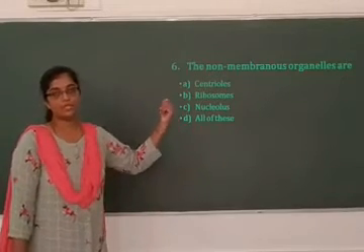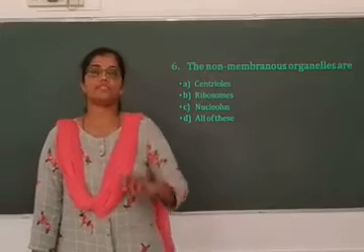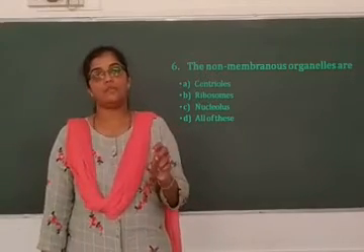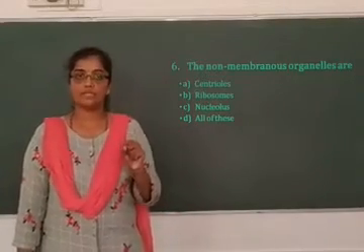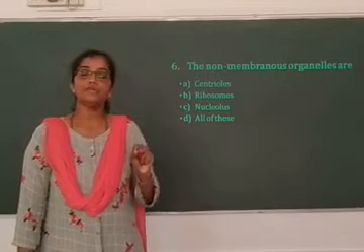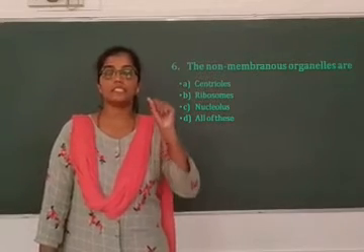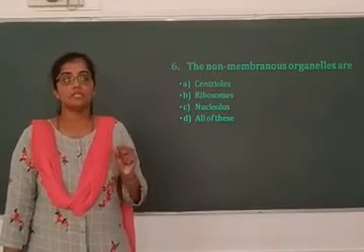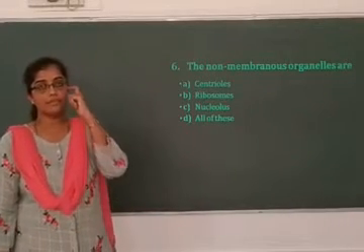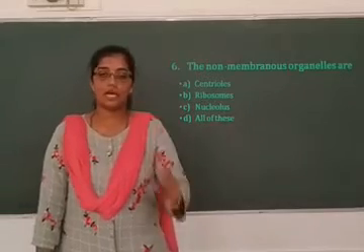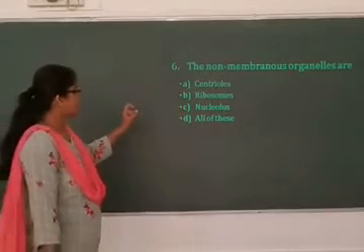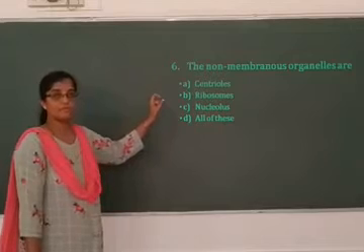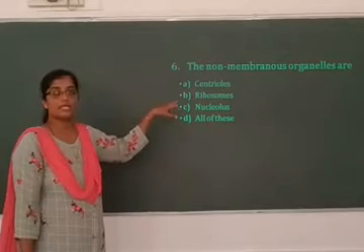Nucleolus. Nucleolus is a small spherical structure that is present in the nucleus of eukaryotic organisms and usually is a site of synthesis of rRNA, which makes ribosomes.